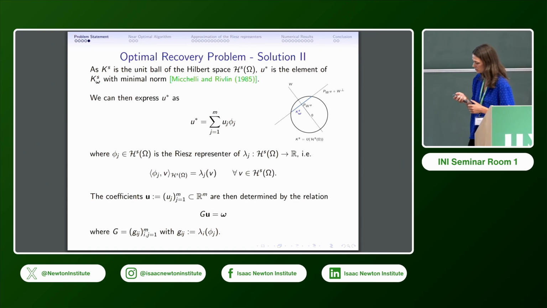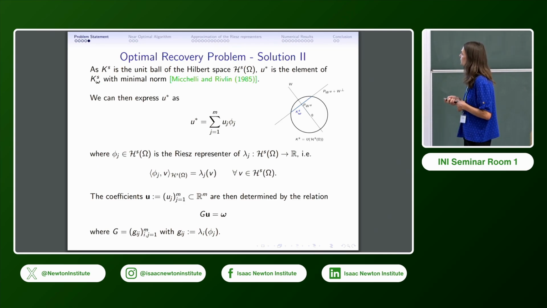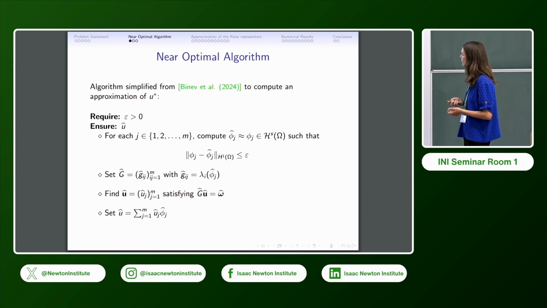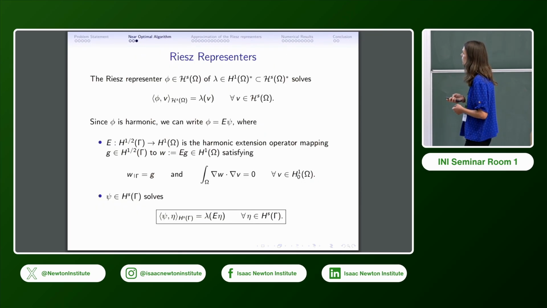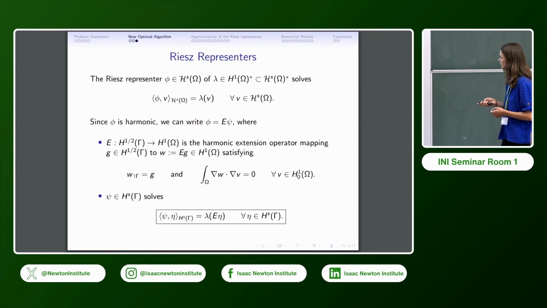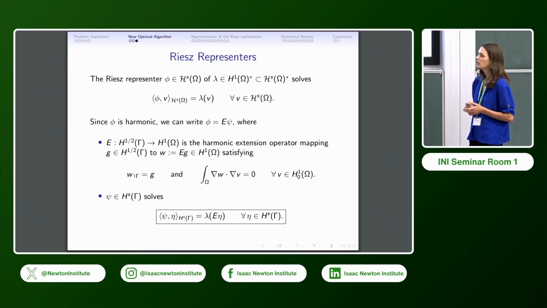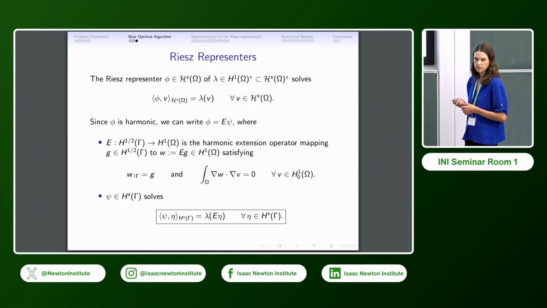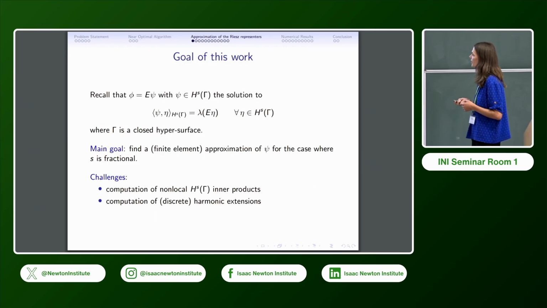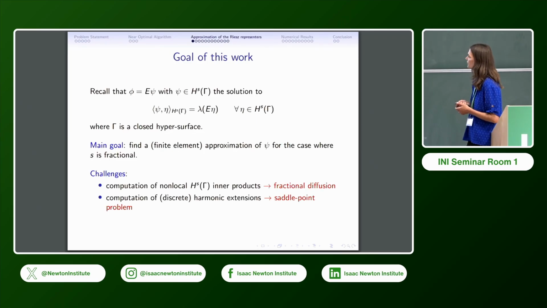Only the radius will change. But we have to make a choice of what is the norm that we put on HS. So we have different equivalent ways to define the HS norm for fractional S. We can have the trace norm, we can have an intrinsic norm, but we can also have what I will call the spectral norm, which is the one that we're going to use that will prevent us from computing the HS inner product.